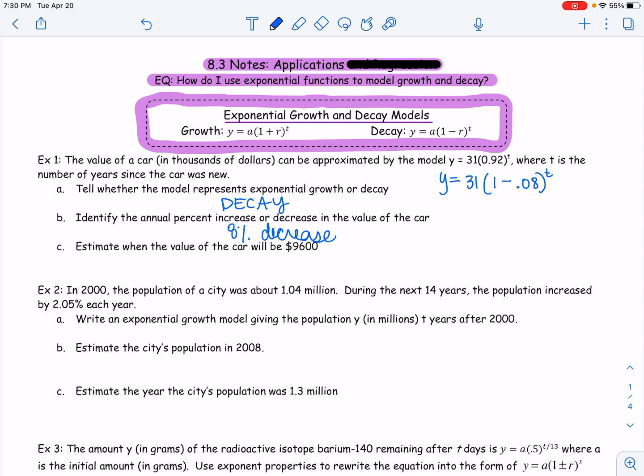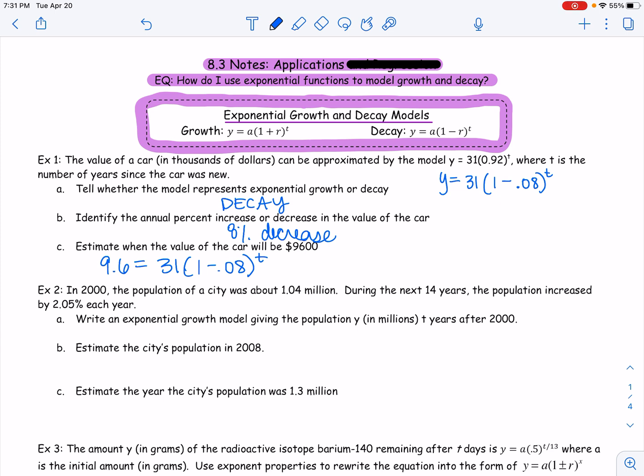So how many years is it going to take to give us a value of $9,600? Well, that's our y value. So I'm going to set up my equation as 9.6 equals 31 times 1 minus 0.08 to the t power. That's what we're trying to figure out. The reason I put 9.6 is because we're writing it in terms of thousands. So this is 9,600, so 9.6.